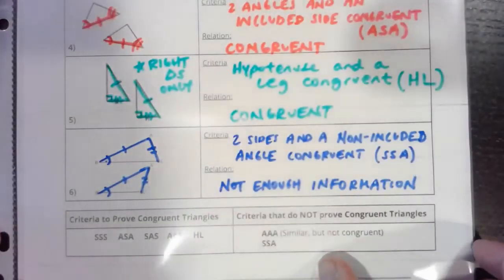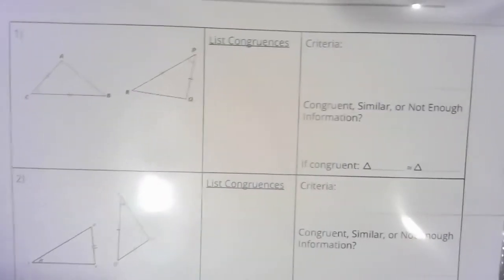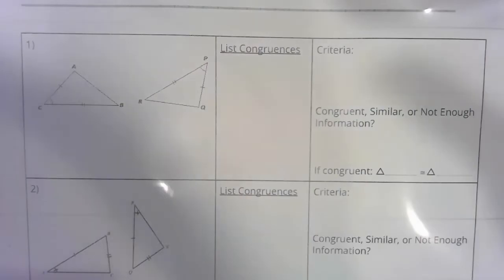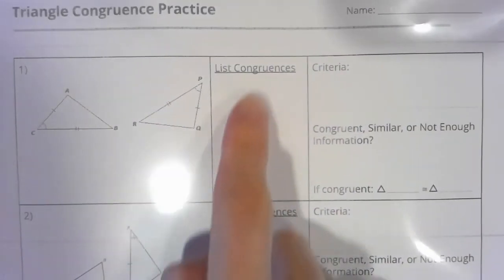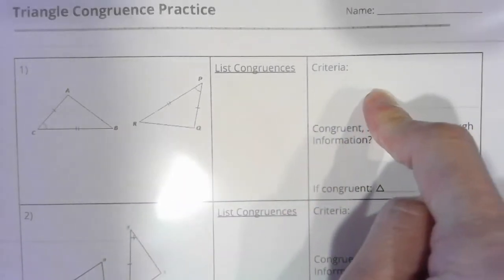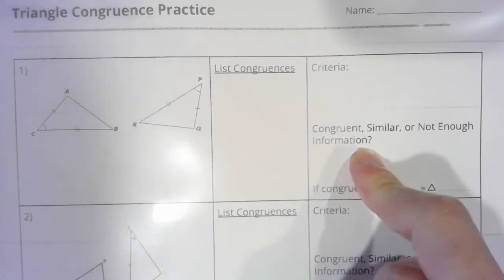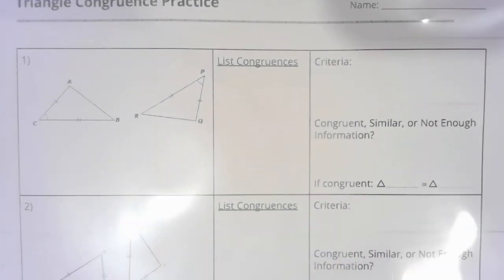All right, let's do one example from the set of problems that you have for today. This is number 1 on the second page. For each of these problems, you're going to list the congruences between the two triangles, say what criteria they share, conclude what type of relationship they have, and then if it's congruent, list the two triangles.